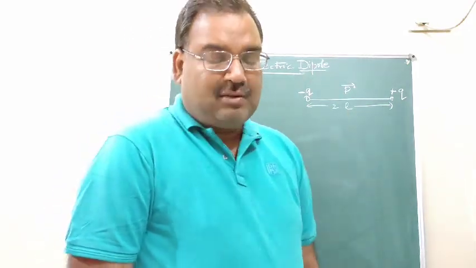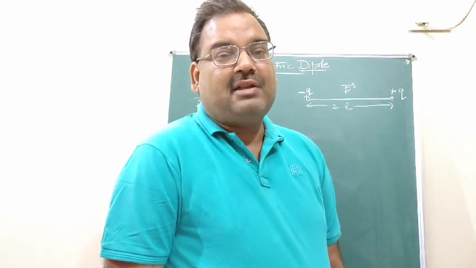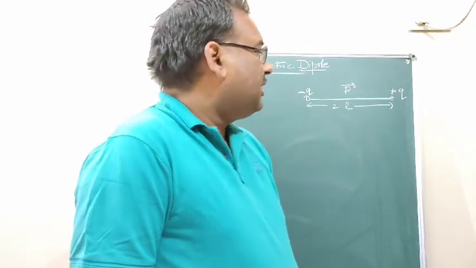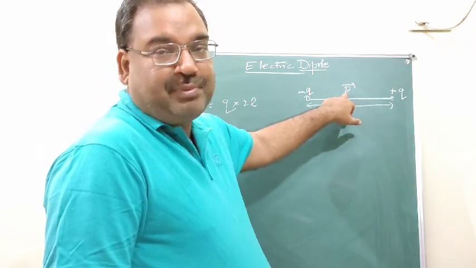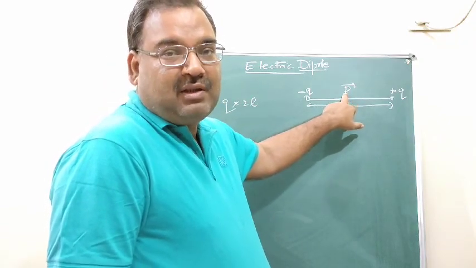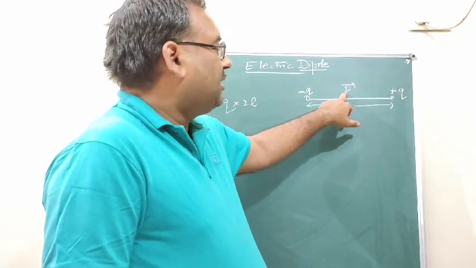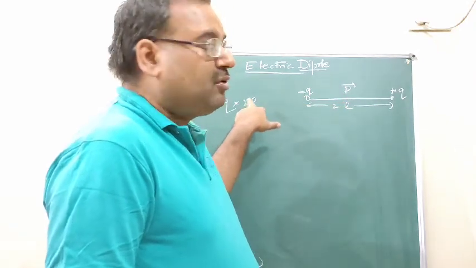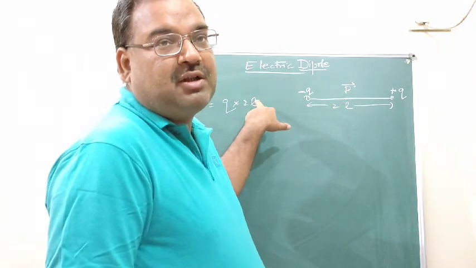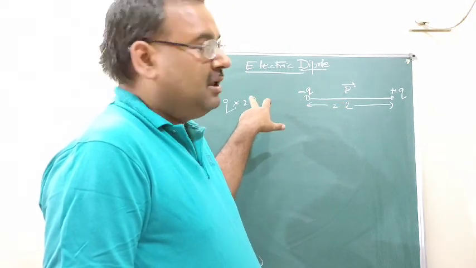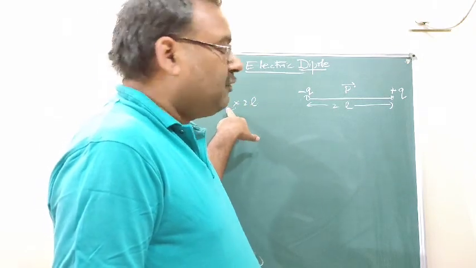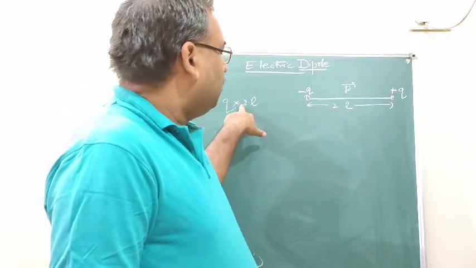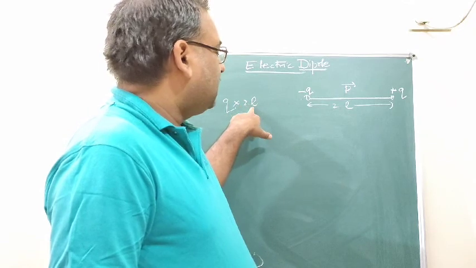The next important term about electric dipole is dipole moment. So, electric dipole moment is represented by the letter P. It's a vector quantity, and dipole moment is the product of the charge and the distance between the two charges. Okay, it is the product of any one of the charges, Q, into the distance between the two charges, 2L.